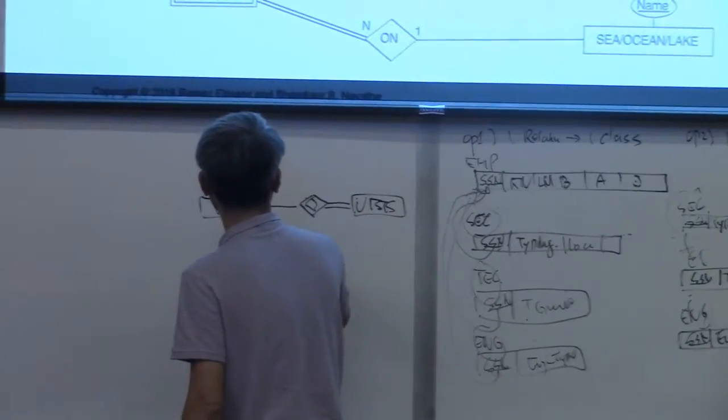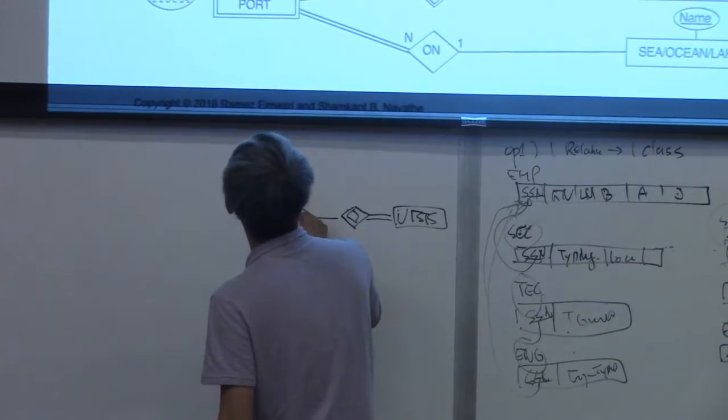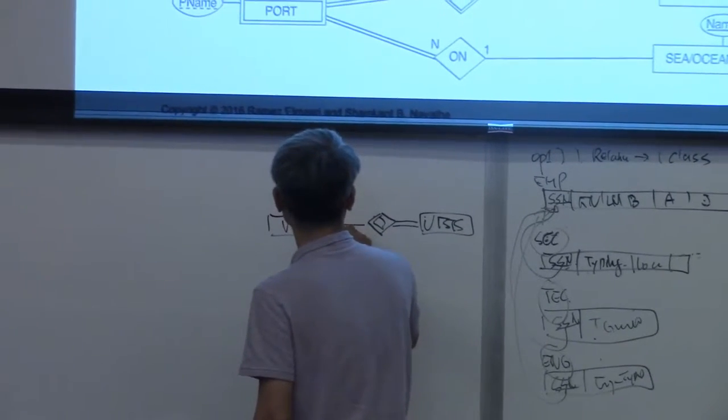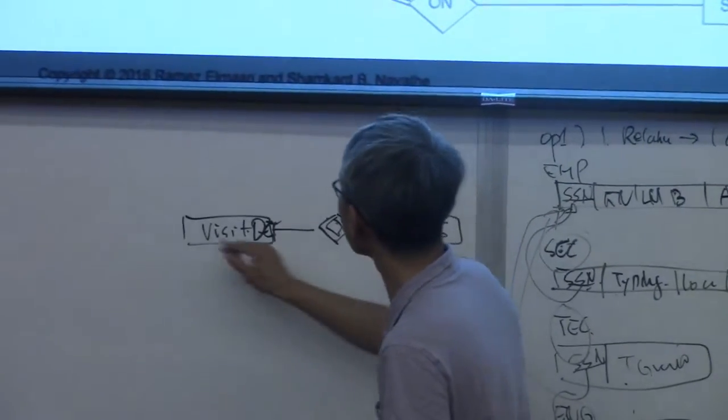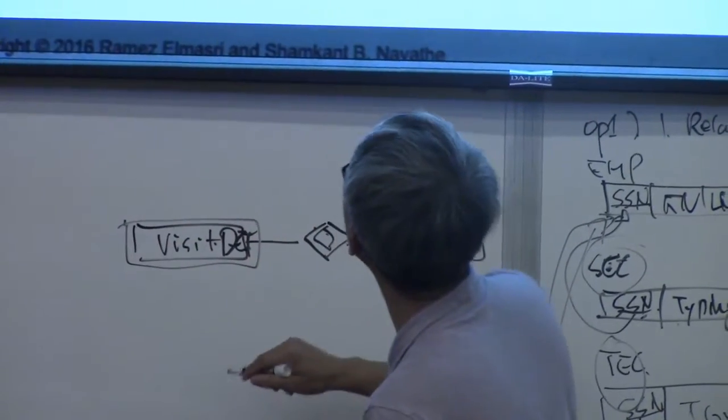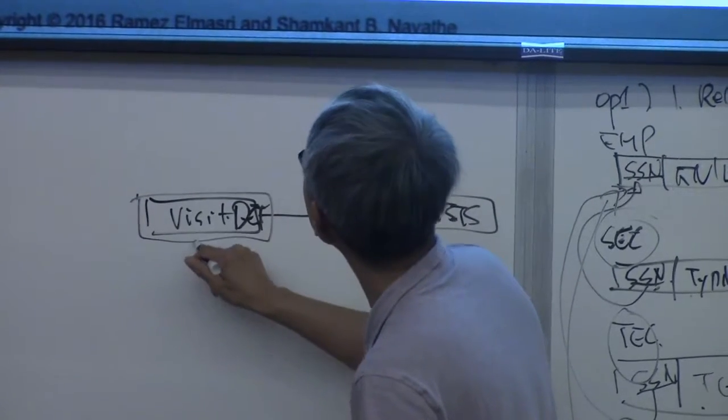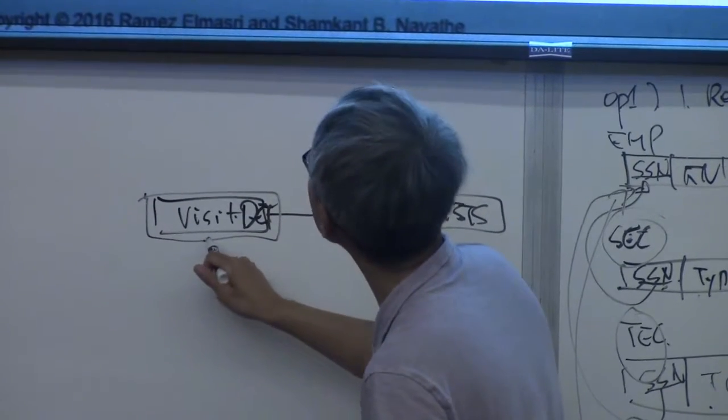So this is the visit detail, for example, visit detail and the visit. So then this is the identifying relationship, the weak entity.